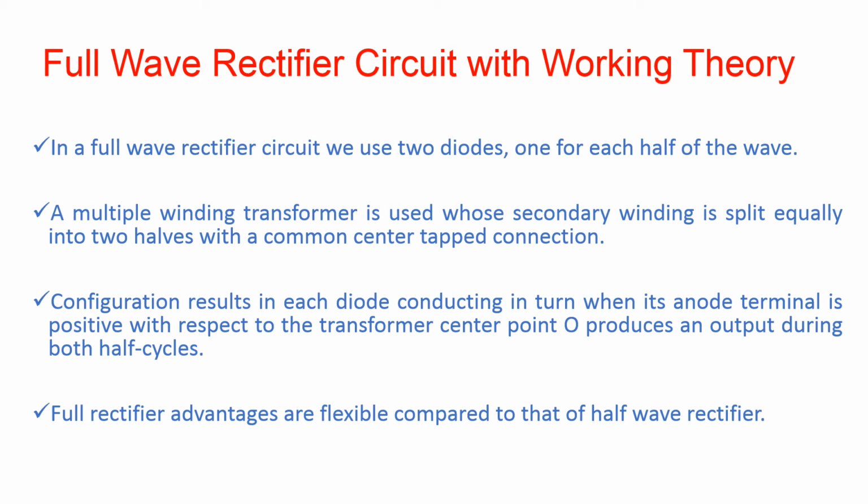This configuration results in each diode conducting in turn when its anode terminal is positive with respect to the transformer center point O, producing an output during both half cycles. Full wave rectifier advantages are significant as compared to those of a half wave rectifier.